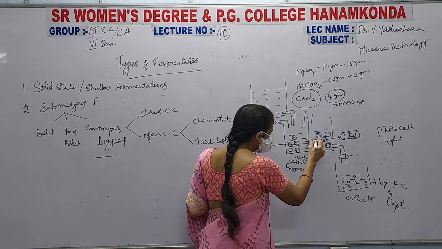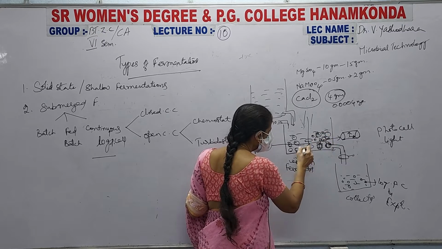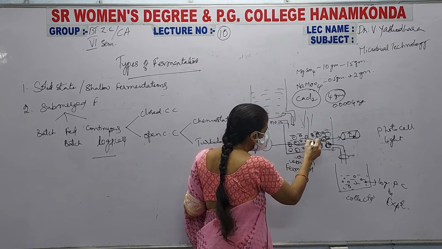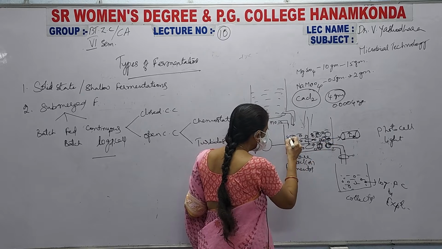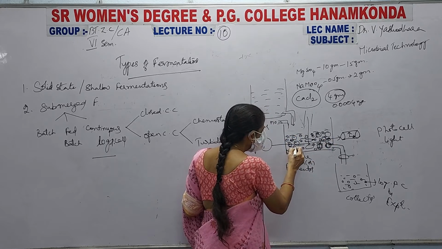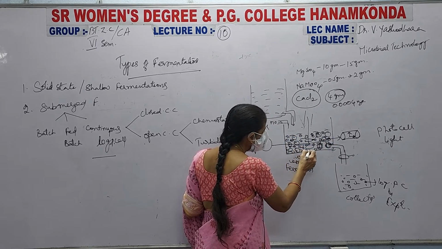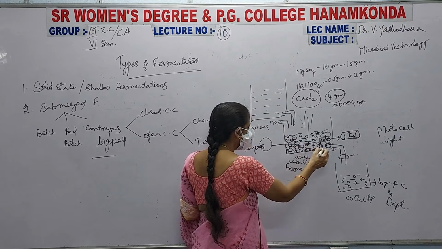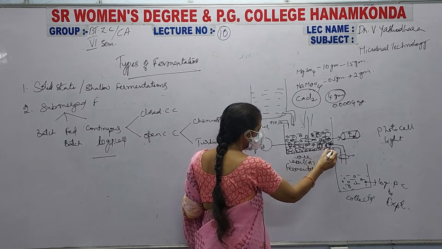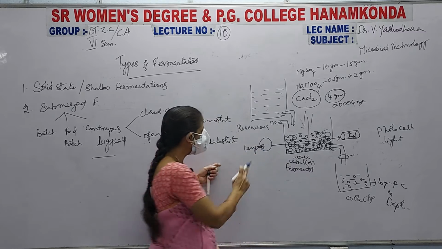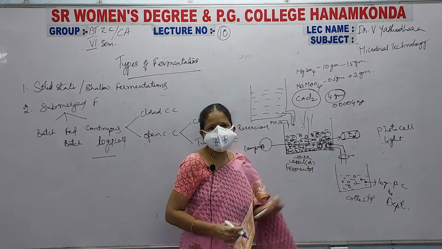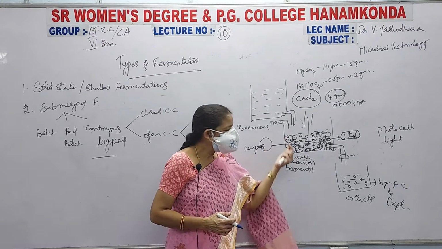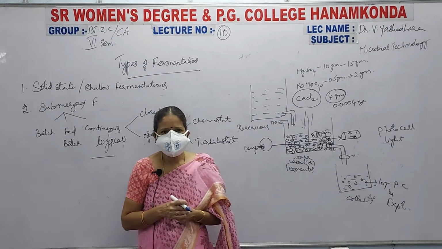Once they enter into log phase, the number of cells increases in the culture medium, and the medium becomes very thick and concentrated. See here, the medium becomes like this. The light cannot pass through this culture medium easily because the medium has become a concentrated solution.